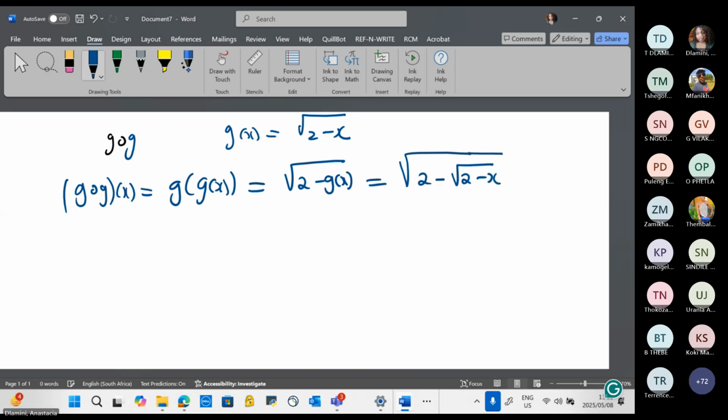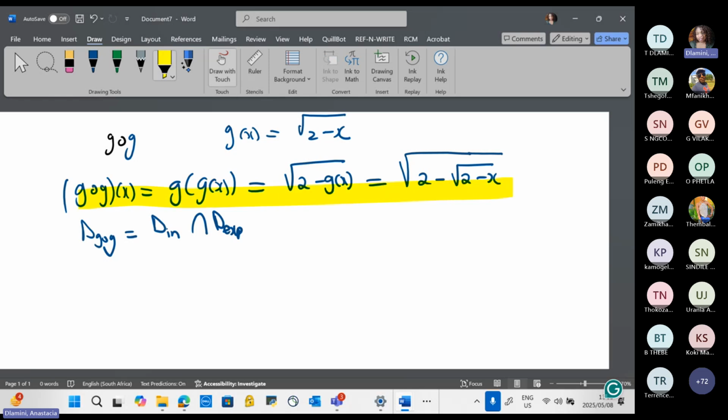That's the expression. Now they're saying that the domain of the composition is equal to the domain of the inner function intersected with the domain of the composition expression.